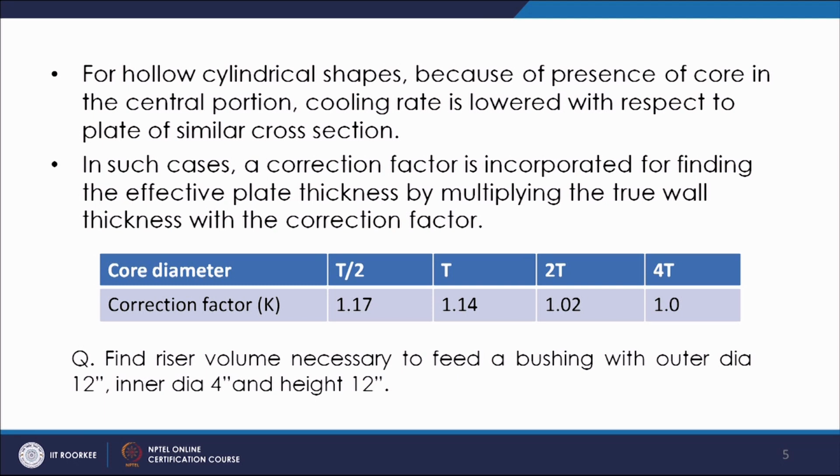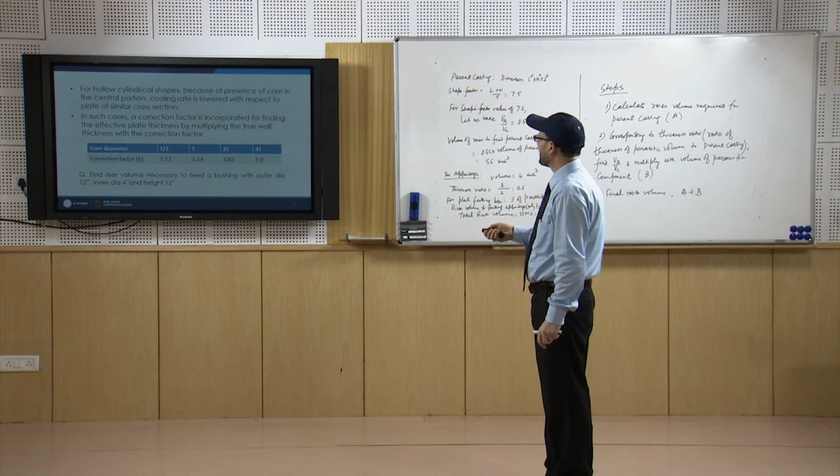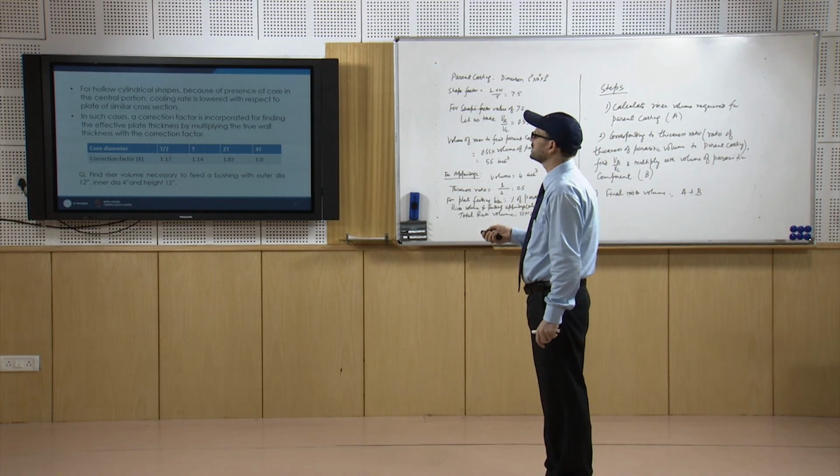So, in such cases certain corrections are incorporated for finding the effective plate thickness by multiplying the true wall thickness. Depending upon the thickness of the plate and the core diameter, if the core diameter is T by 2, the effective plate thickness will be 1.17 times the true thickness of the plate. This is given as a correction factor.